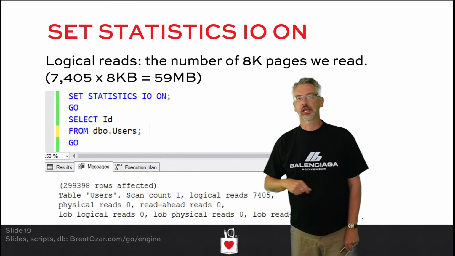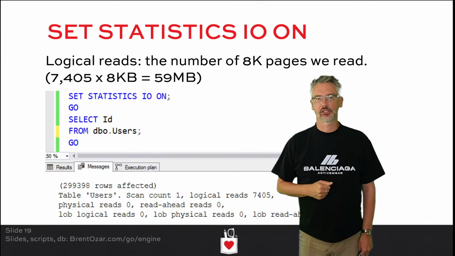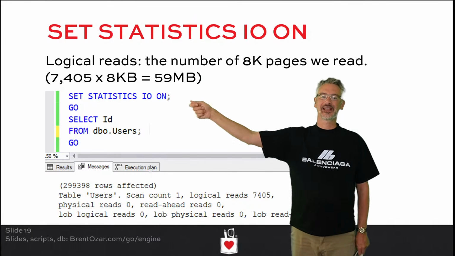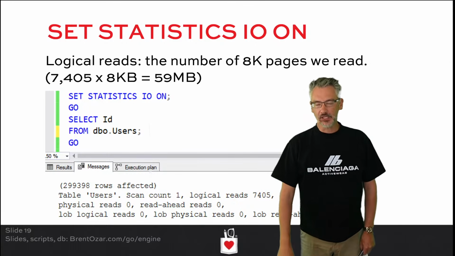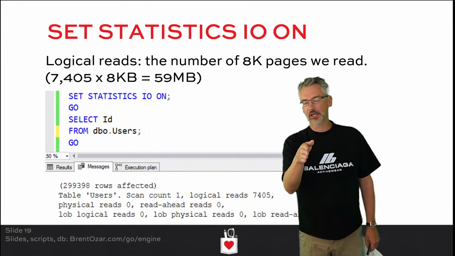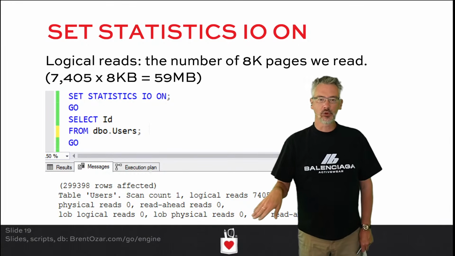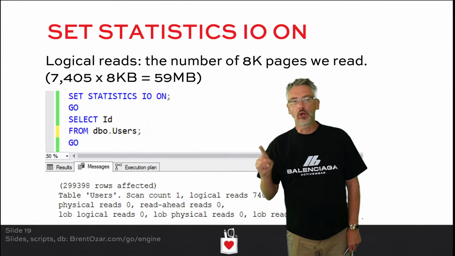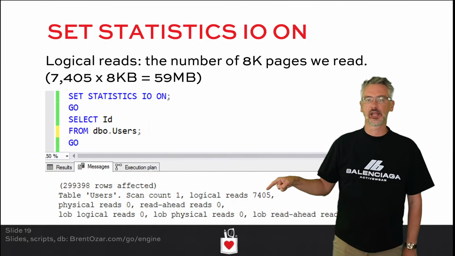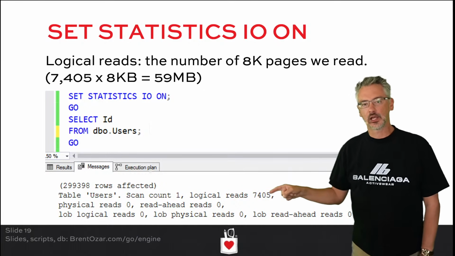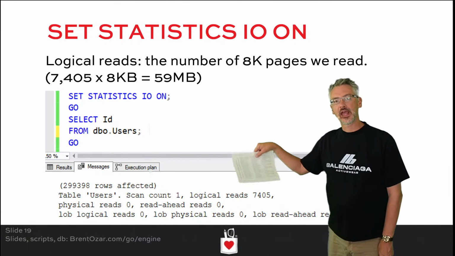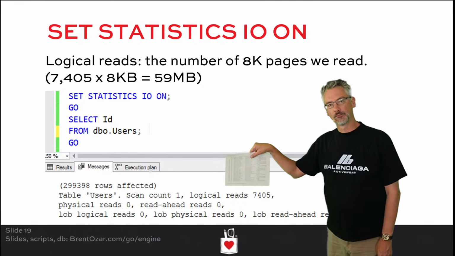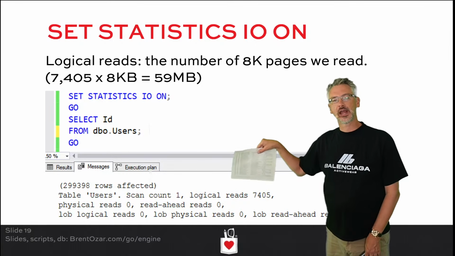One way to understand how much work a query is to turn on this option called Set Statistics IO On. Set Statistics IO On only affects your own session, and it brings back all kinds of data. The one piece of data you care about is logical reads. Logical reads is the number of 8K pieces of paper that SQL Server had to read through.